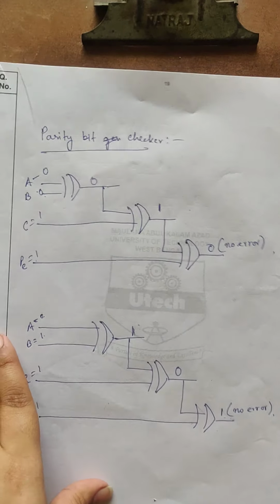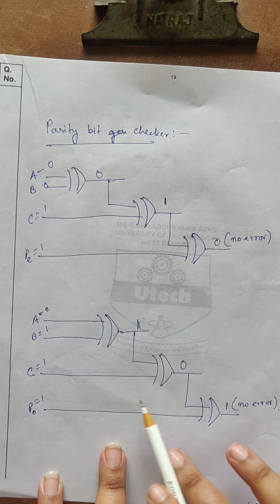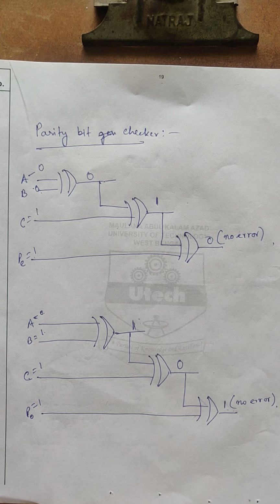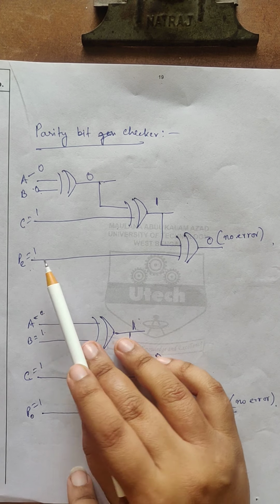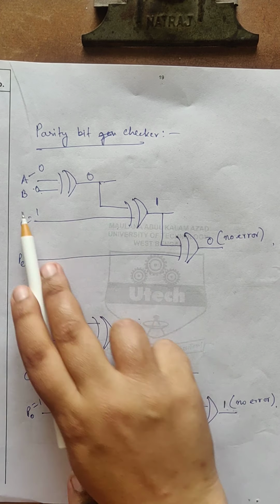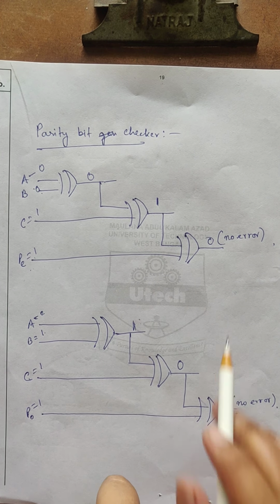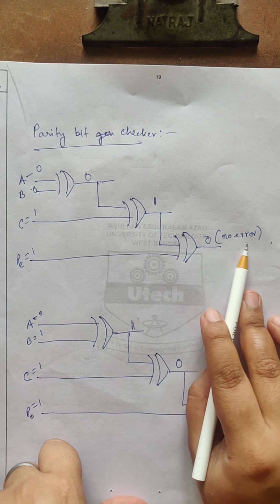So the same thing we see here, the parity bit checker will have the same circuit diagram, but one thing has to be kept in mind. If we use an even parity number with this particular circuit, the modulo sum of all these numbers using XOR gates, if the answer comes 0 for even parity, then there is no error.